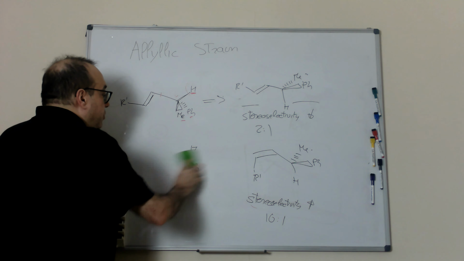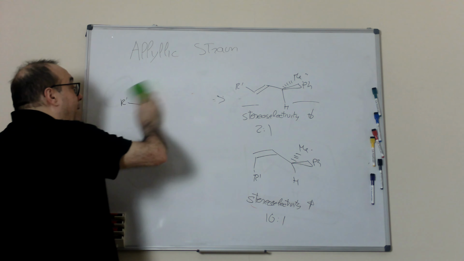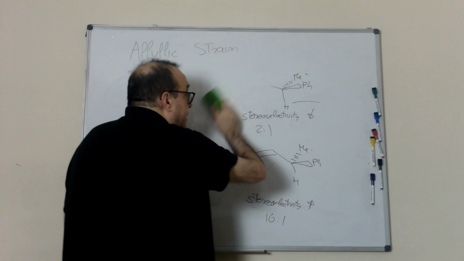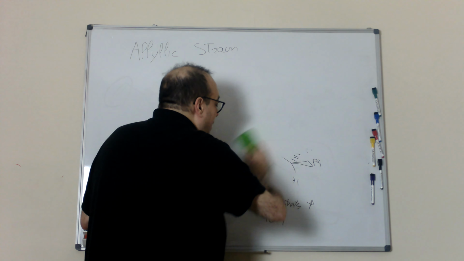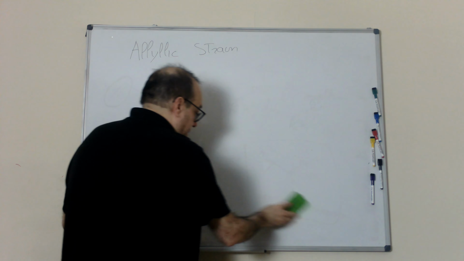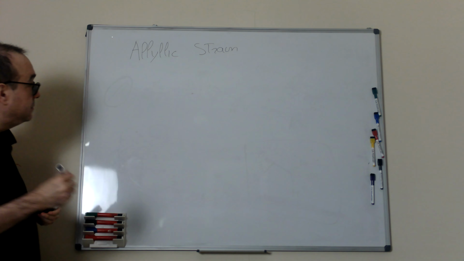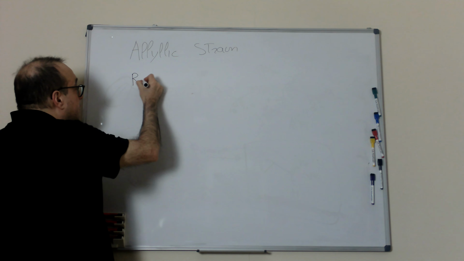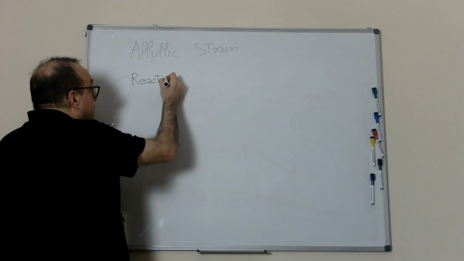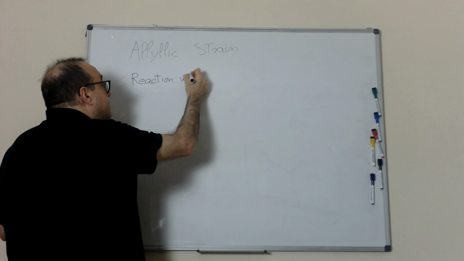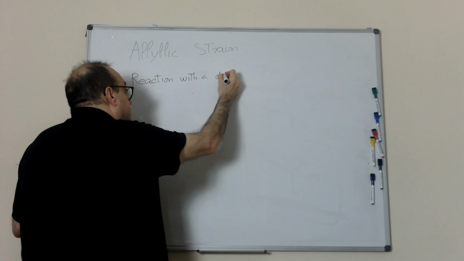Then, now I am doing reactions that are based on steric hindrance. But what happens if, for example, I am doing a reaction with a reacting group?